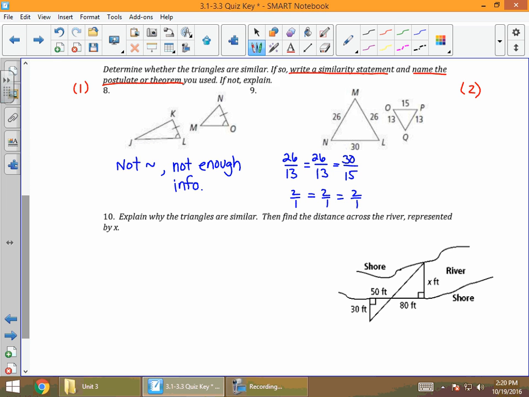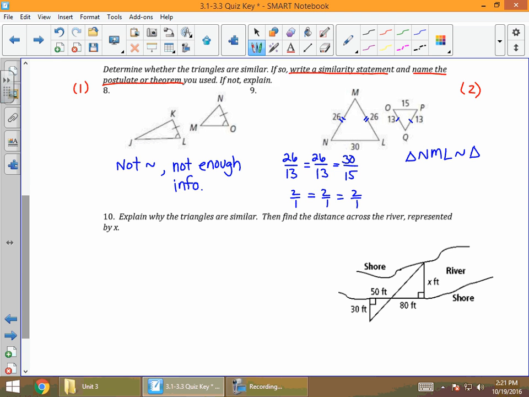But the question asks me to write a similarity statement. So triangle, and I'll name the left one NML, is similar to triangle. Now, these are both isosceles triangles, 26 and 26, 13 and 13.